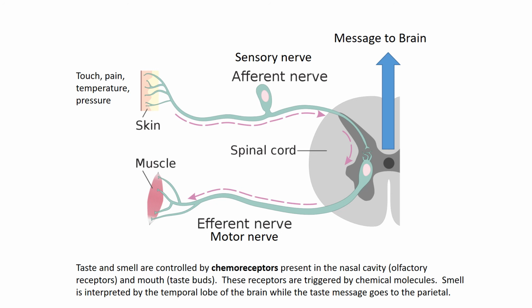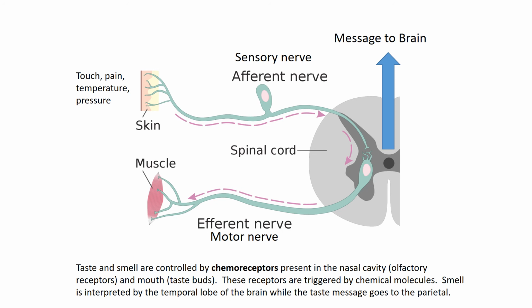The chemical based message is going to trigger in the nasal cavity the olfactory receptors, and in the mouth the taste buds. But those are chemical receptors, so they're called chemoreceptors. They're a little bit different.